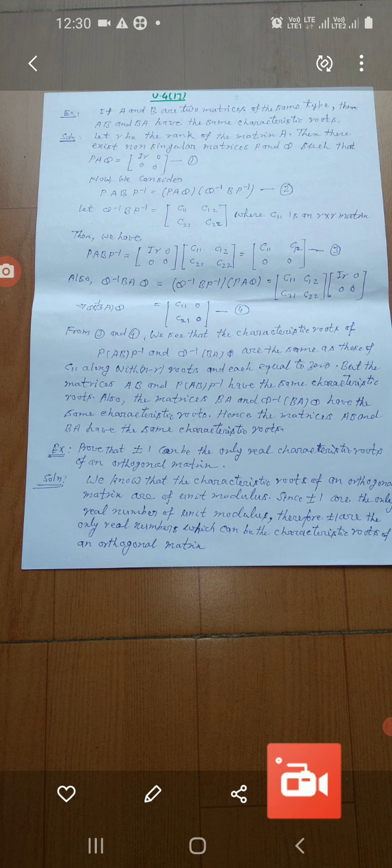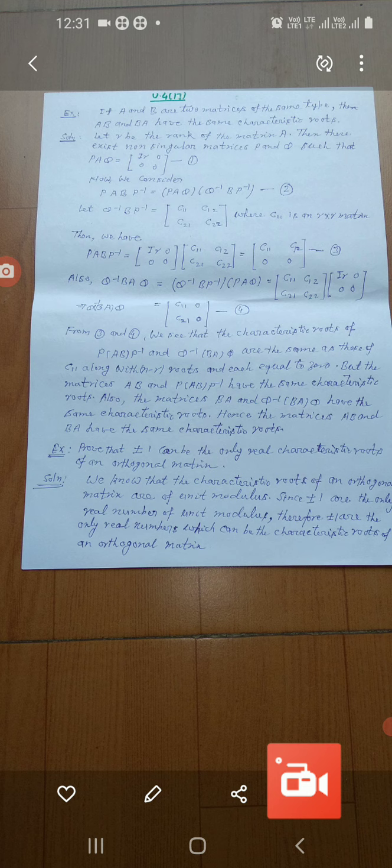Also we have Q inverse BAQ. This may be written as Q inverse B P inverse in one bracket multiplied by another bracket PAQ, and this is equal to the matrix C11 C12 in the first row and C21 C22 in the second row, multiplied by I_r 0, 0 0.